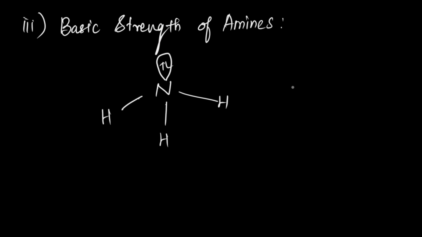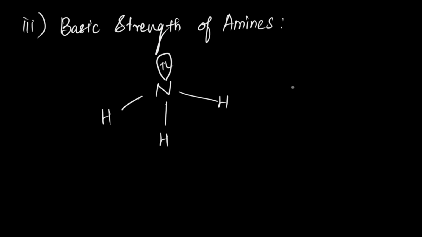So this is also called a Lewis base, as nitrogen is willing to donate the electrons. So if the ease of donation increases, then what will happen? The basic strength will increase.